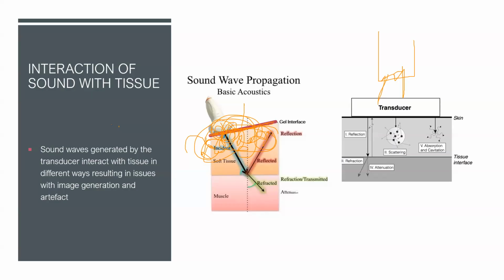Now, naturally, the brain also has a ventricular system, which has a lining. Once sound waves hit the ventricular lining, they reflect back better as compared to having penetrated through tissue. And hence, the ventricular lining tends to appear brighter or a little bit hypoechoic. So all of these properties of sound really give us the images we see on the brain, and they're very, very important.